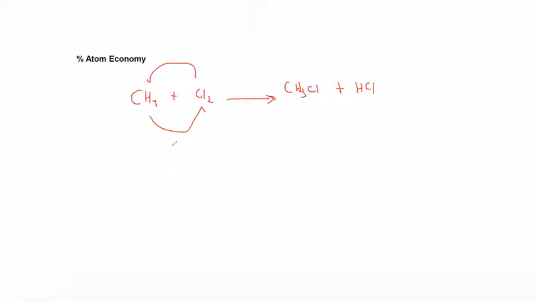So the formula, if I say what is the atom economy for the desired product, what we want to produce, chloromethane CH3Cl. Chloromethane is our desired product.